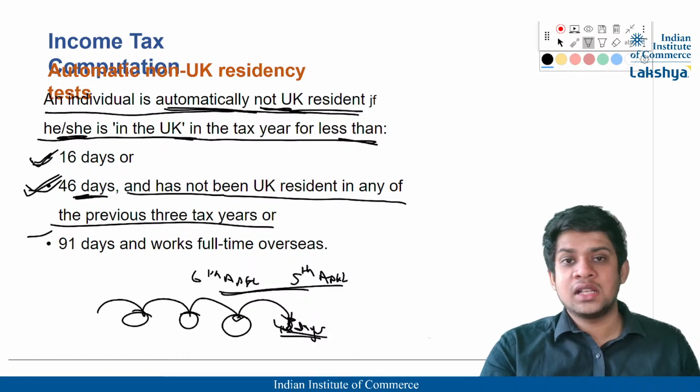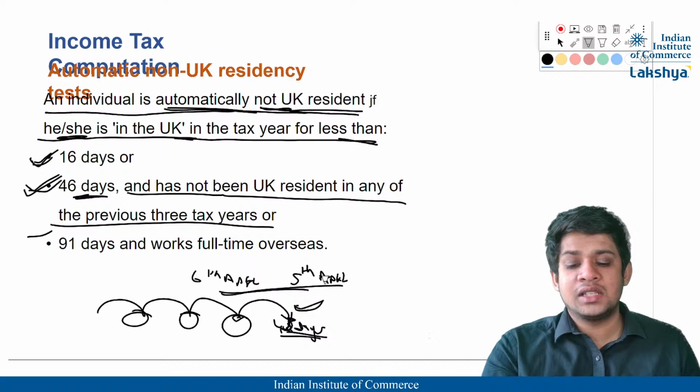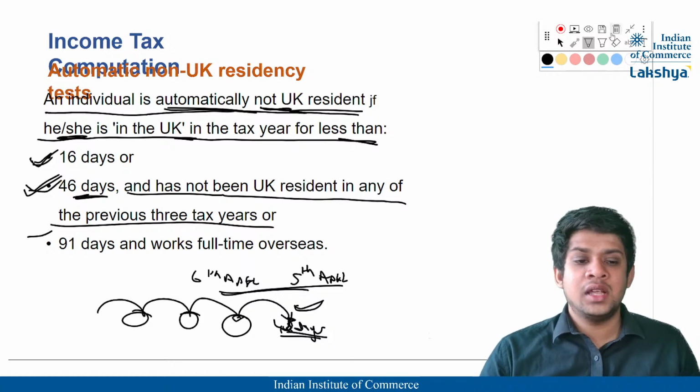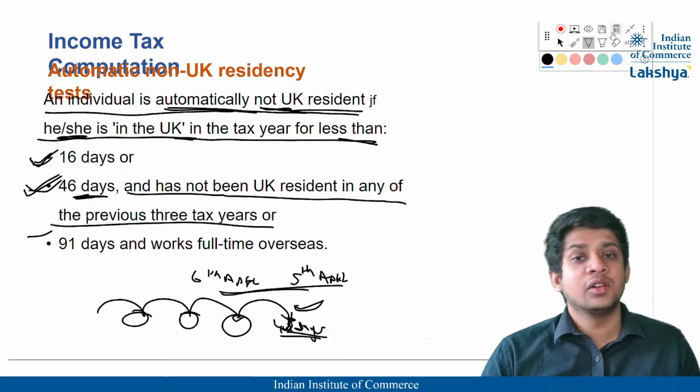Okay. He stayed for less than 46 days, that is 45 days. Then in such a case, he will still be considered automatically non-UK resident. Okay. Because in the previous three tax years, he has not been a UK resident. So obviously, it may be that he has just come for a long weekend or possibly he has just come for some work and always he leaves within the specified time period.